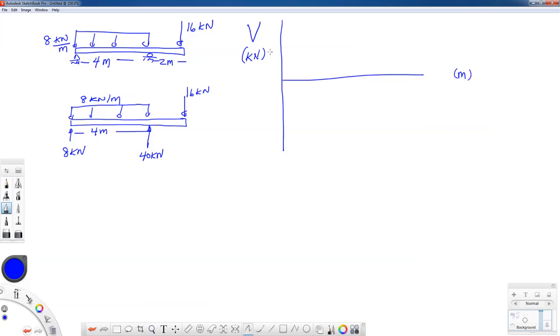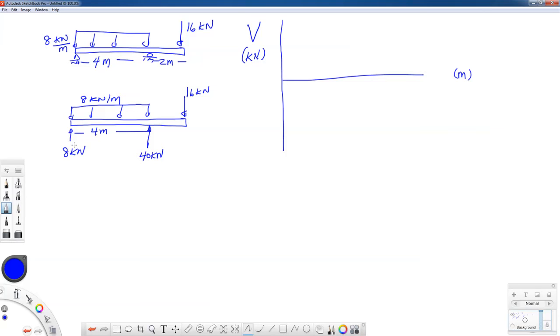If you don't have the proper units here, I will take some points off, because we need to know if we're working with newtons or kilonewtons or feet and pounds, pound feet, kip feet, whatever our units are. In order to calculate the stresses from these internal shearing forces and bending moments, we need to know what units we're working with. That's why we'll look for that. Okay, we're going to start from the left-hand side and work our way to the right.